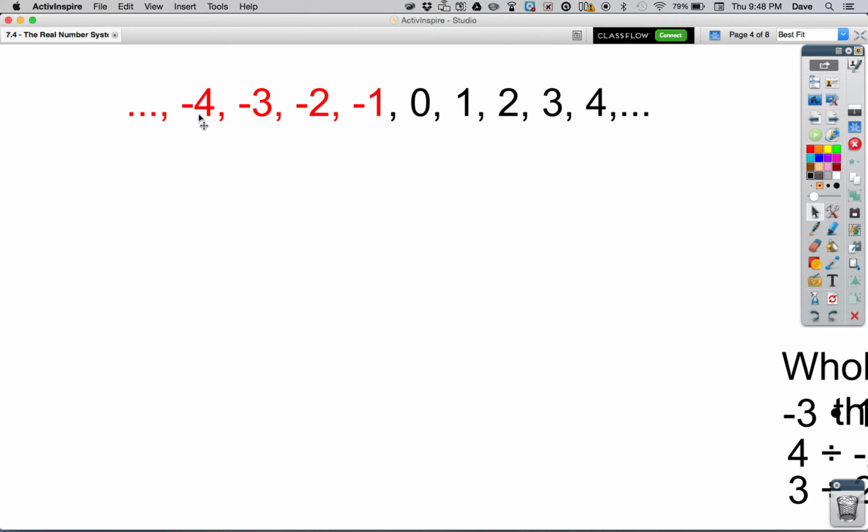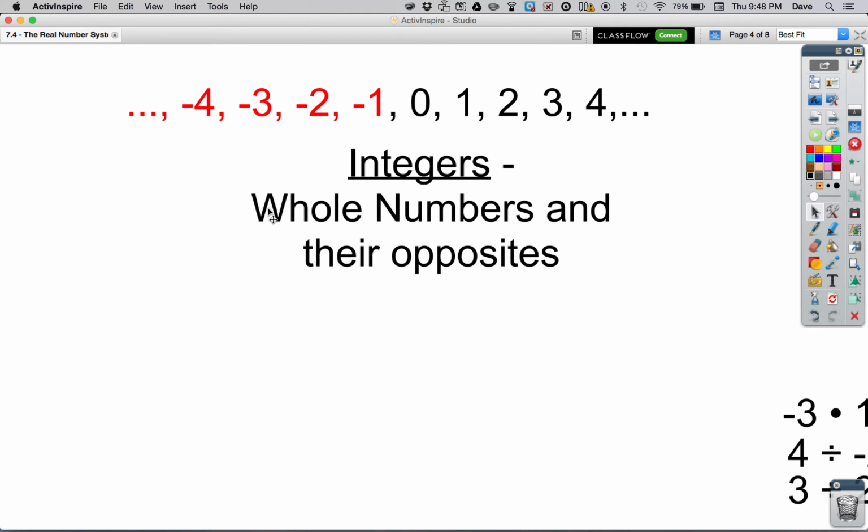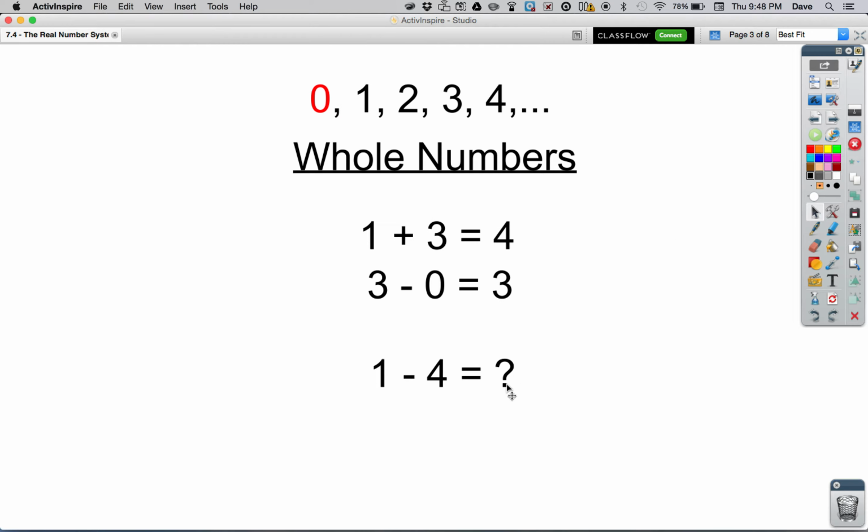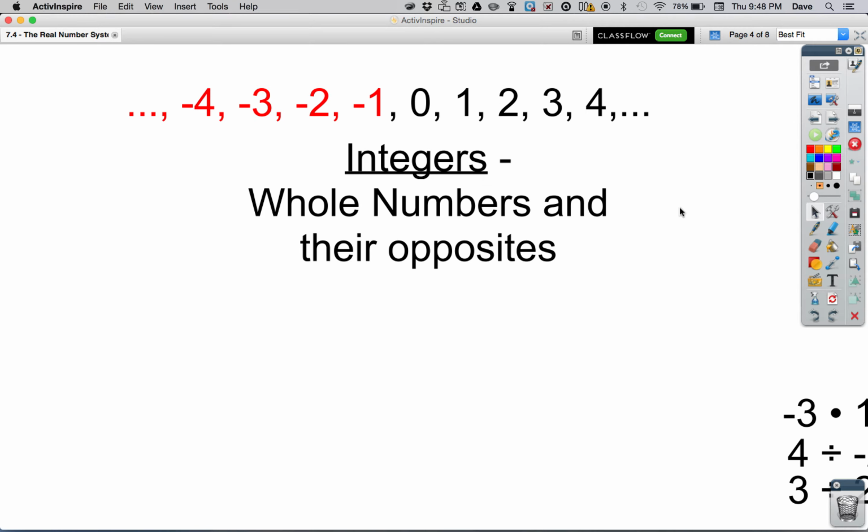Negative 1, negative 2, negative 3, negative 4, going on forever. This became known as the integers. The integers are the whole numbers and their opposites. This allowed them to do problems like 1 minus 4 and get negative 3, so we introduced the idea that negatives could be a part of the number system as well.